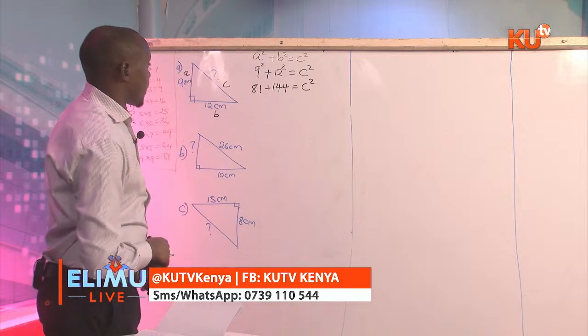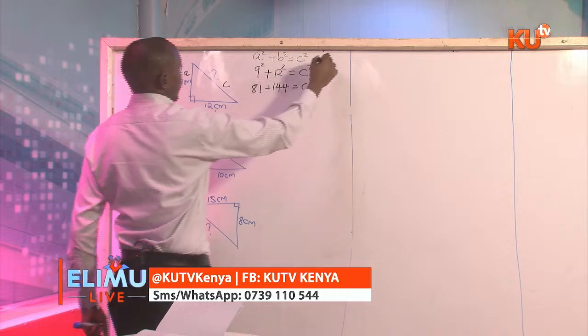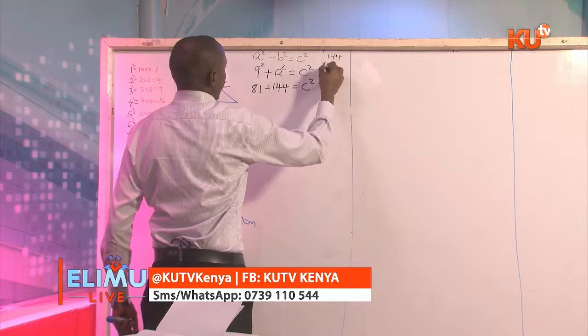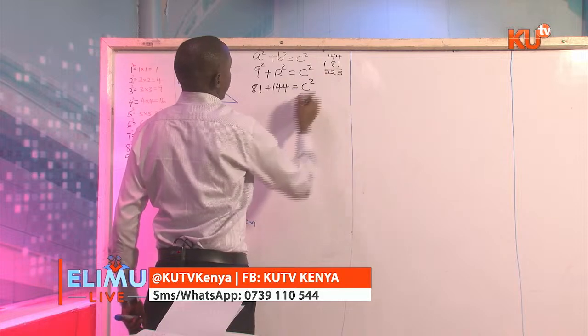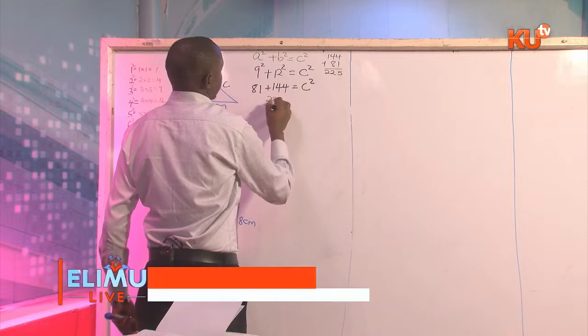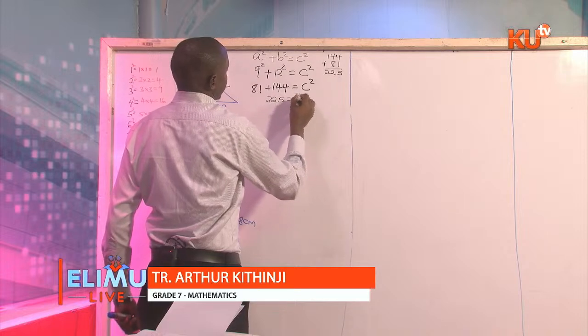And then 144 plus 81 gives us 225. Therefore, C squared is 225.